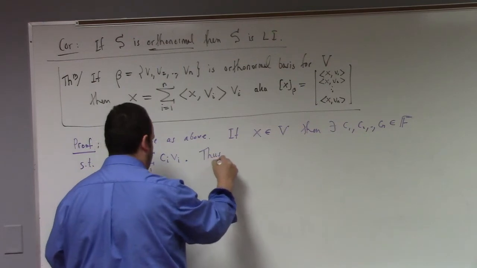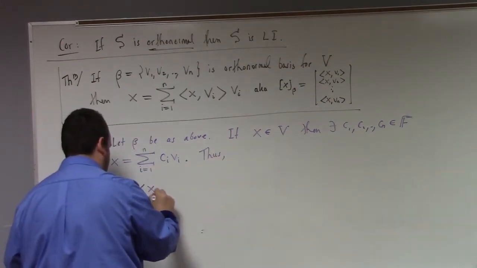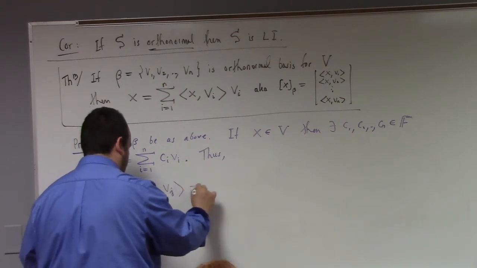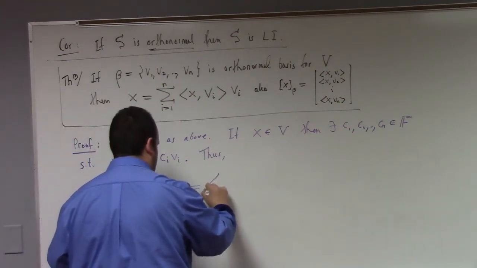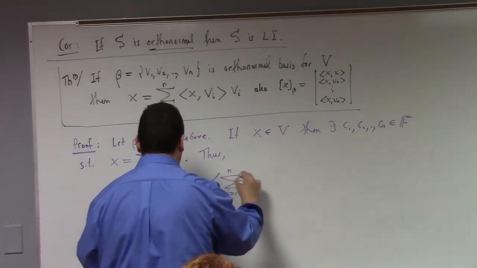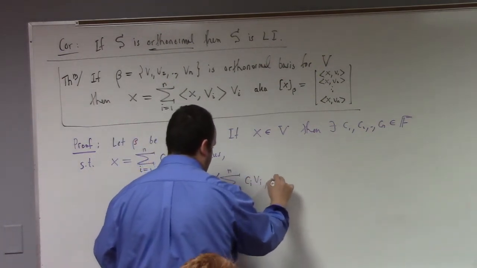Thus, the inner product of x with Vj is equal to the inner product of the sum, i equals 1 to n, of Ci Vi with Vj.